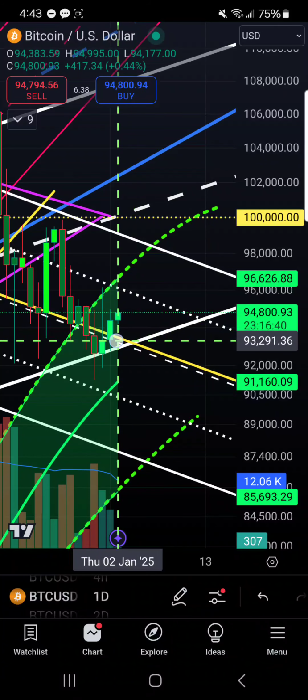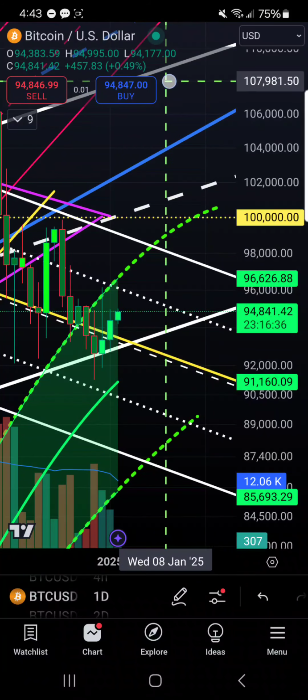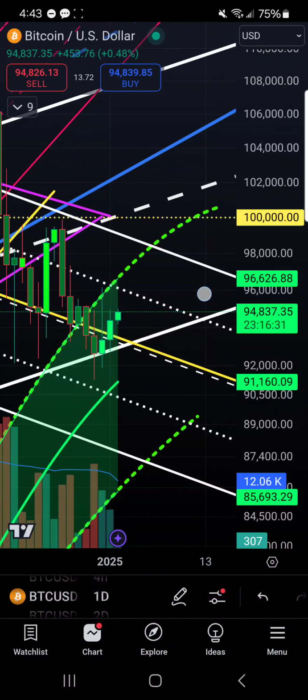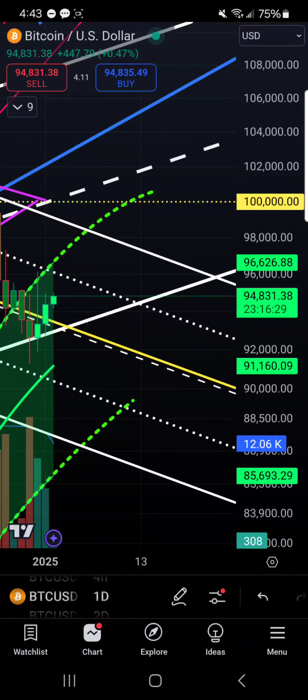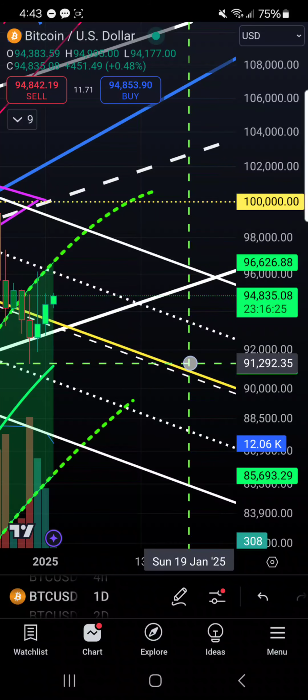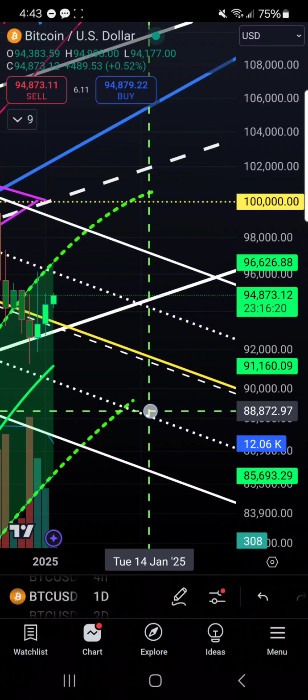So if we were to pull out of it now, up here, and then come back down into it again, around the 20th or so up here, that would bring us all the way back down to the bottom of the channel.